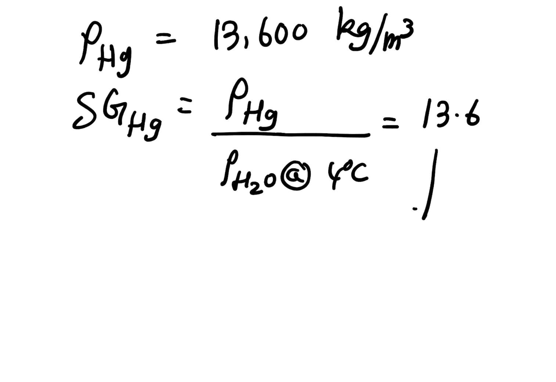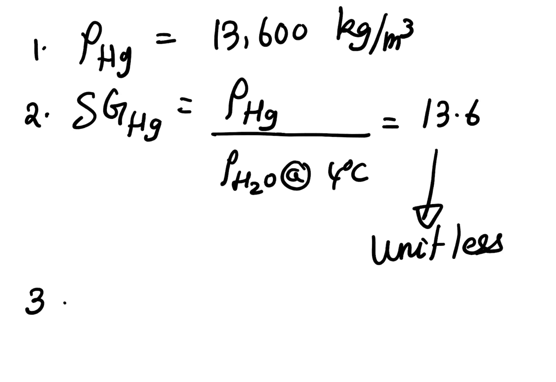So this would be 13.6, and this is unitless. Why is it unitless? It's a ratio of density to density, making this quantity unitless. Okay, so that is density, and then specific gravity.